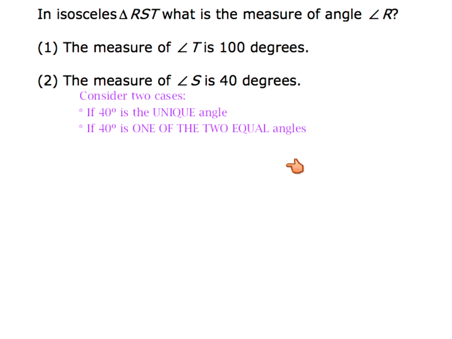You didn't have to do this for 100 degrees because this is impossible for 100 degrees. But if 40 degrees is the unique angle, then you have a triangle with a 40 on top, and then two angles that are the same. 180 minus 40 is 140, so these are going to be 70 apiece.